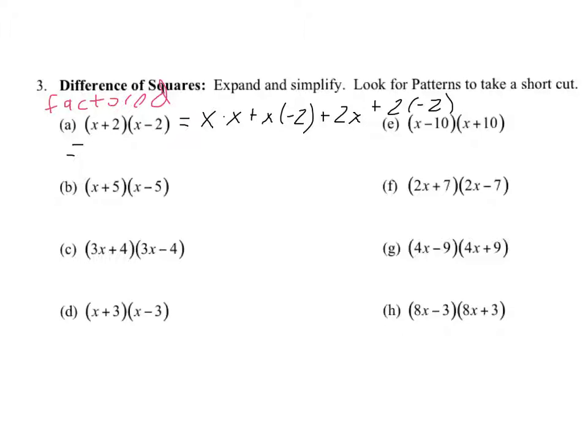And now when I do the multiplication, I get x squared minus 2x plus 2x minus 4. Now I add the like terms, and we've got a like term of negative 2x plus 2x. That's going to give me 0, and I'm going to be left with x squared minus 4. And again, this is what we called simplified form.